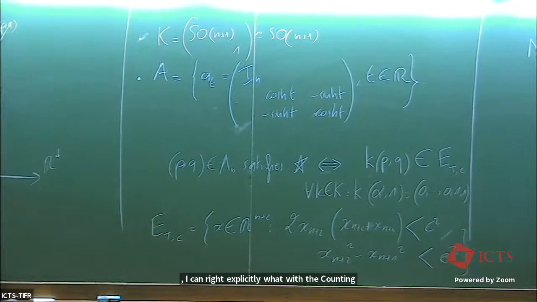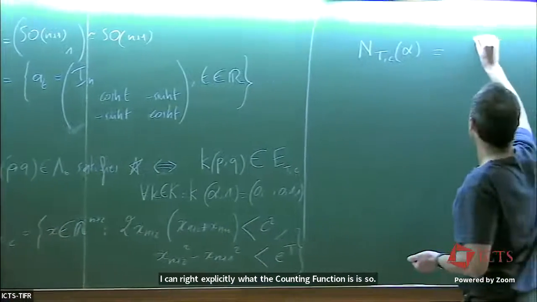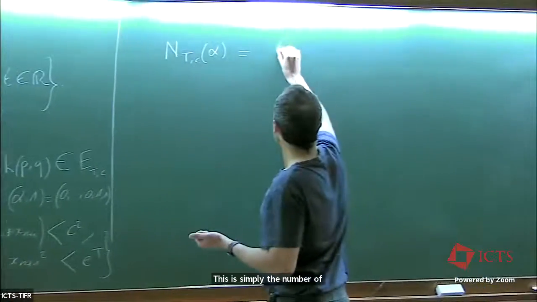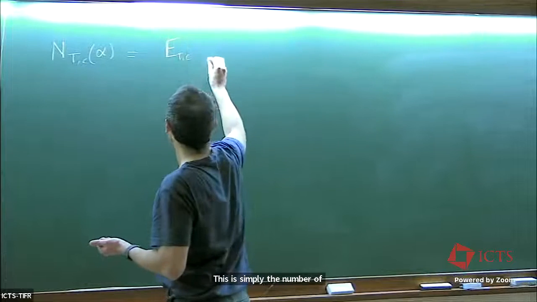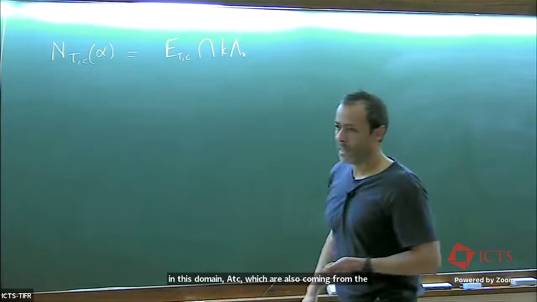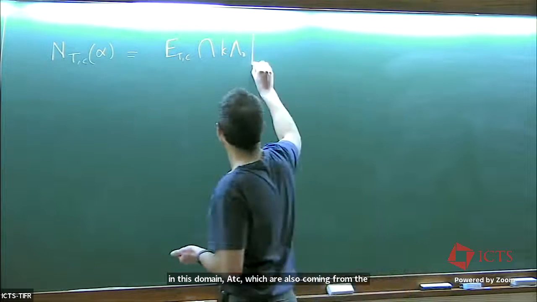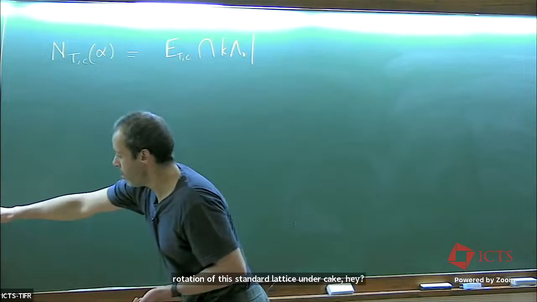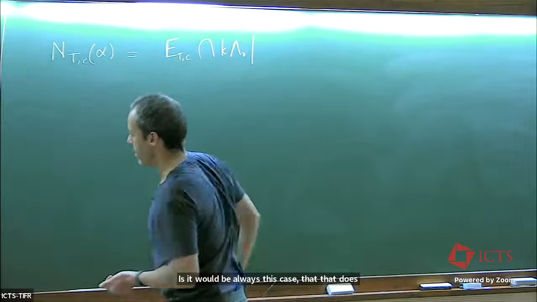This is simply the number of integer points in this domain ETC, which are also coming from the rotation of this standard lattice under K. K will always be this K that does exactly this rotation of alpha 1.